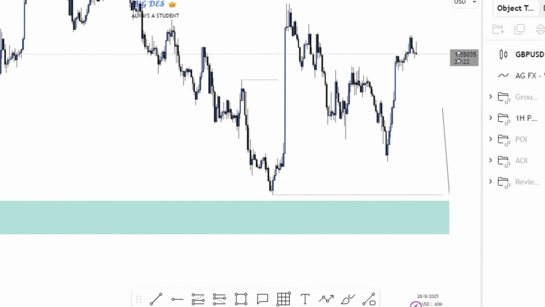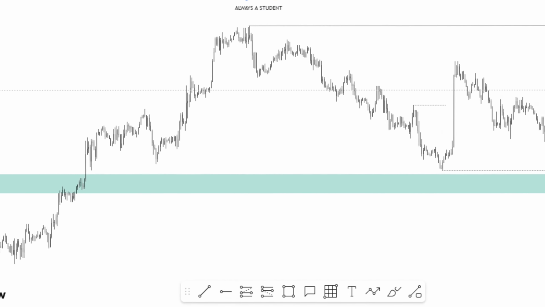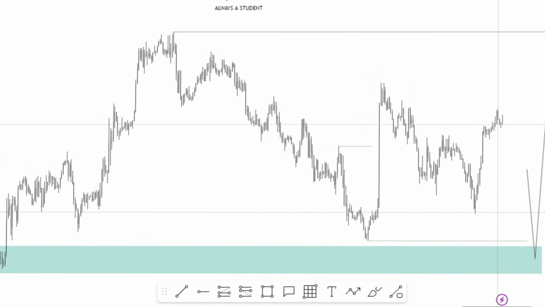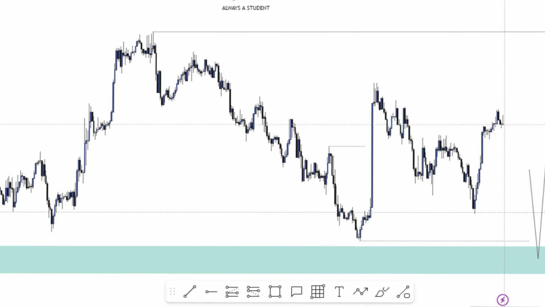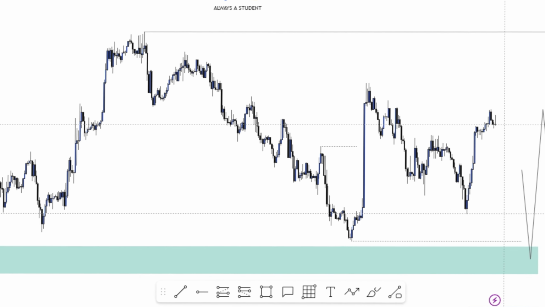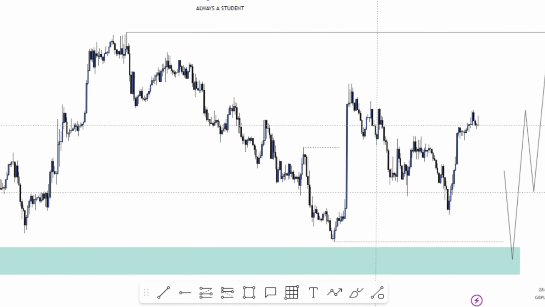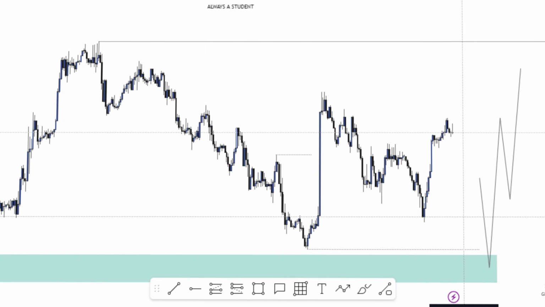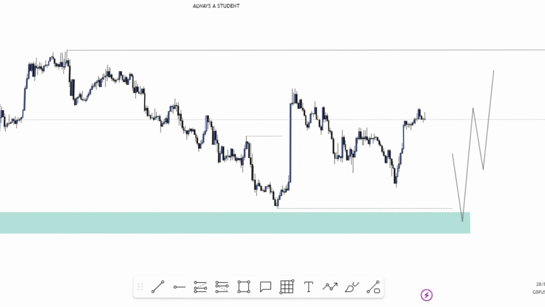This zone below my setup makes my setup kind of low probability. But I'm still going to take it because my system says I should. I'm not going to pay attention to what could happen anymore.